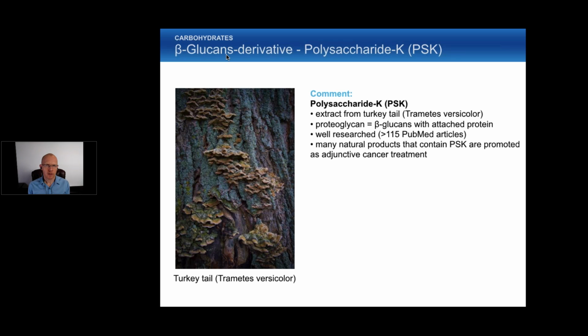And what's found in here, this PSK molecule, it's a proteoglycan, meaning it's basically a beta-glucan with certain little amino acids attached to it. And it has some significant research, at least over 100 PubMed articles I found associated with it and its immunomodulating, immunostimulating effect. And I've used it for patients that have had cancer as an adjunctive therapy to chemotherapy and surgery and radiation therapy.